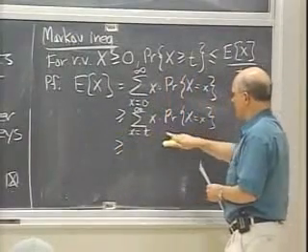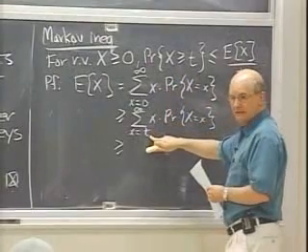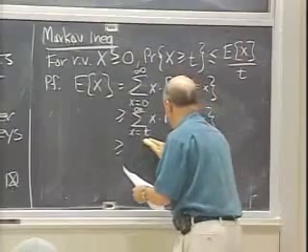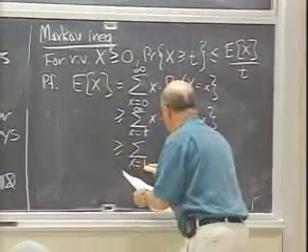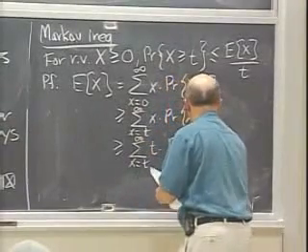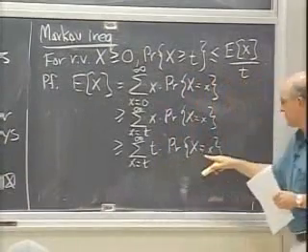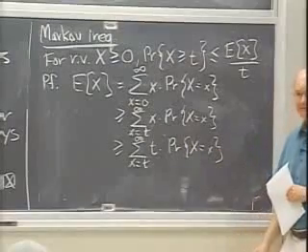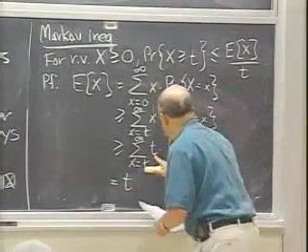Now I replace every one of these terms by the lower bound, the value x equals t. So that's just the summation from x equals t to infinity of t times the probability that X equals x, because these are only bigger values.